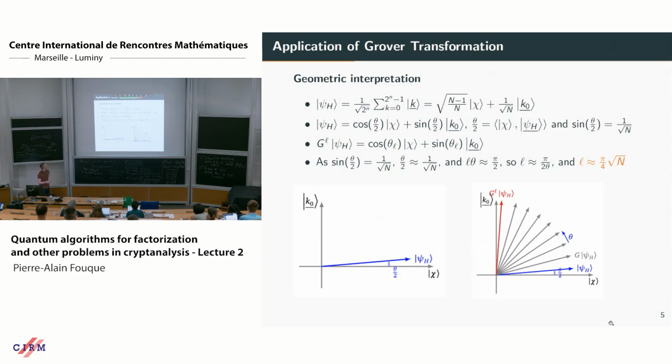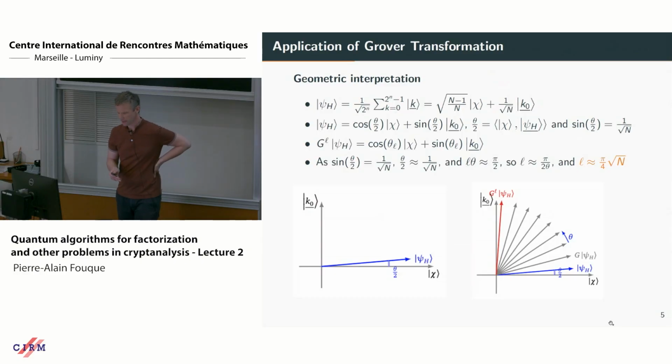So L will be pi over 2 theta. If you replace theta by 2 over square root of N, you will get this value. So the number of times that you have to apply the Grover algorithm is of order square root of N. It's not too complicated.